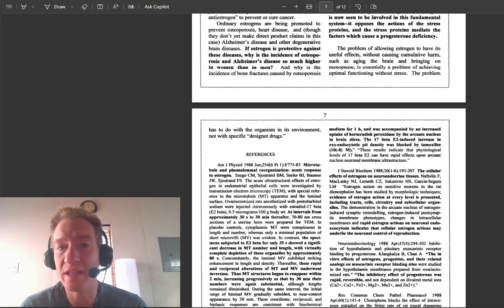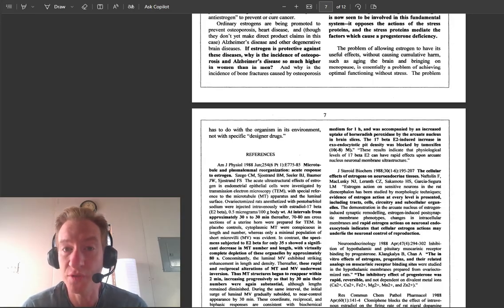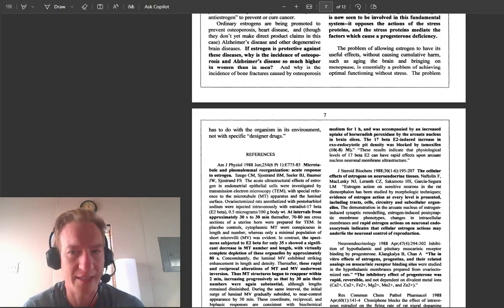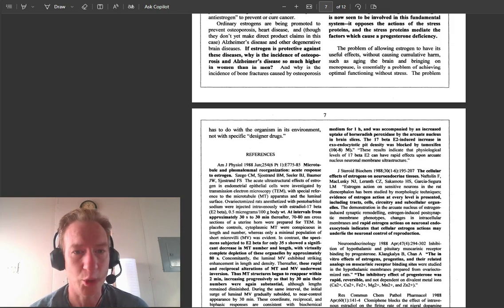The problem of allowing estrogen to have its useful effects without causing cumulative harm, such as aging the brain and bringing on menopause, is essentially a problem of achieving optimal functioning without stress. The problem has to do with the organism in its environment, not with specific quote-unquote designer drugs."